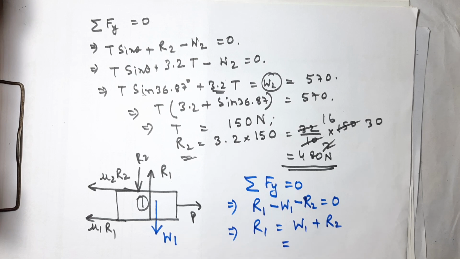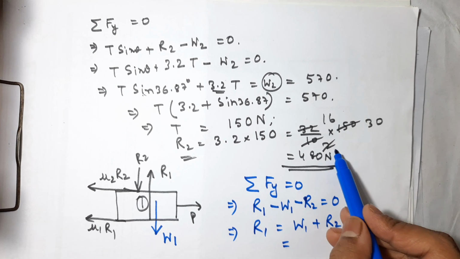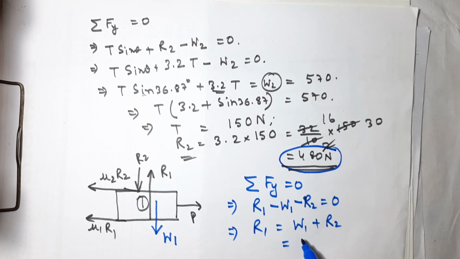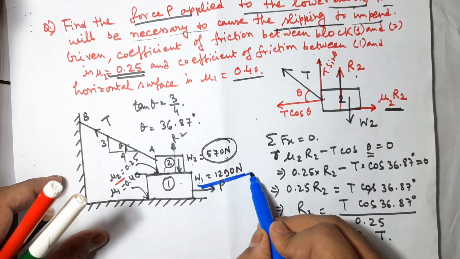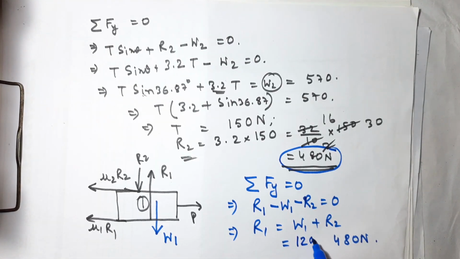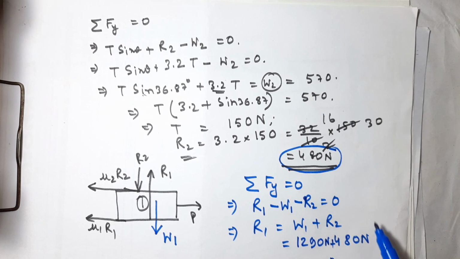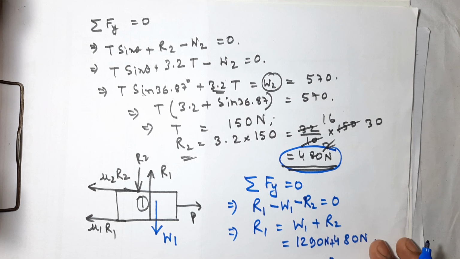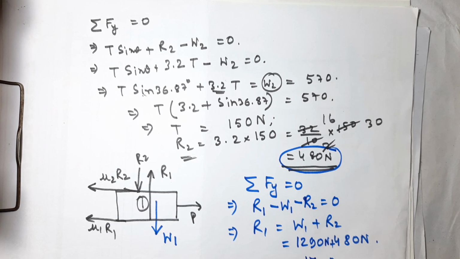W1 value is given and R2 value you have already found out, R2 is equal to 480 Newton. So if you substitute 480 Newton and W1 value, which is given as 1290 Newton, and add these two, how much are you getting? That is equal to 1770 Newton. So the value of R1 you are getting here.